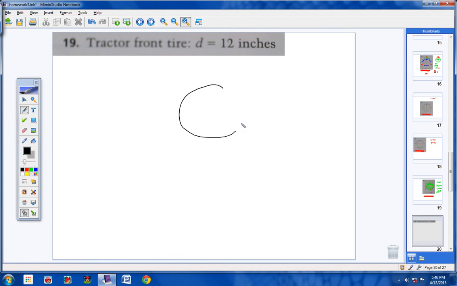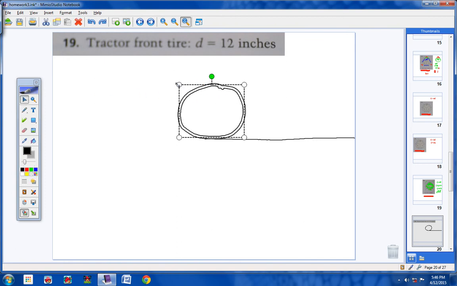Every time you have a tire on a road, and here's the road, okay? Every time this tire rolls one complete revolution like that, okay, let's say this tire started to roll. Alright, let's see if I can simulate that. Pretty much impossible. Well, it would have to roll and move at the same time.